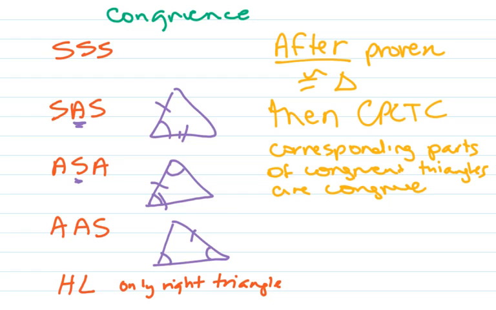Okay, so what that means is that you're showing that the corresponding parts of triangles that are already congruent are congruent. So if I know that this triangle is congruent to this triangle, then I know that all their pieces that correspond with each other match. Okay, so that's what I know from that.